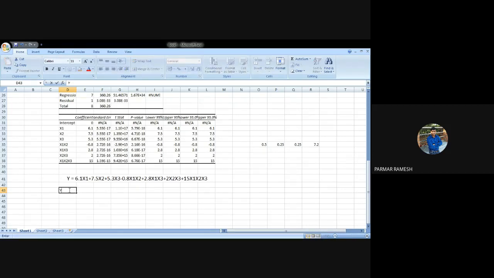So let us find out the y by calculation. It is equal to 6.1 multiplied by x1 plus 7.5 times x2 plus 5.3 times x3. Are you getting it? If you have any question at any point of time, you can ask.